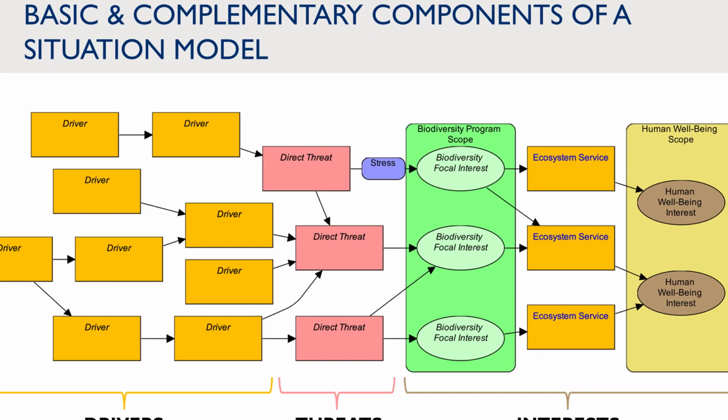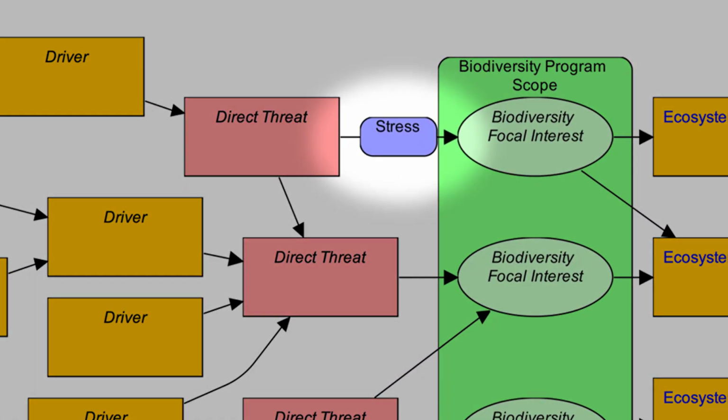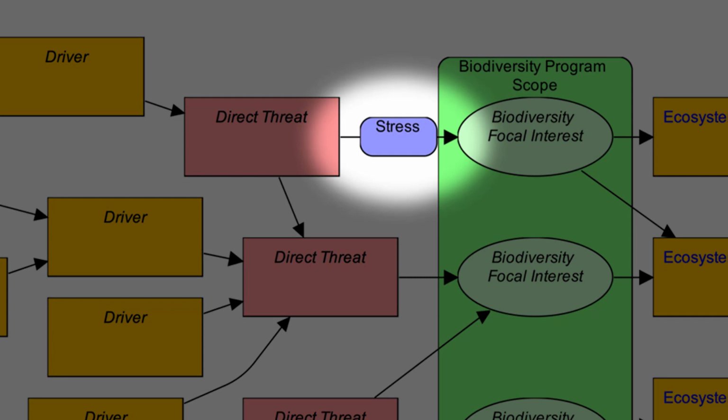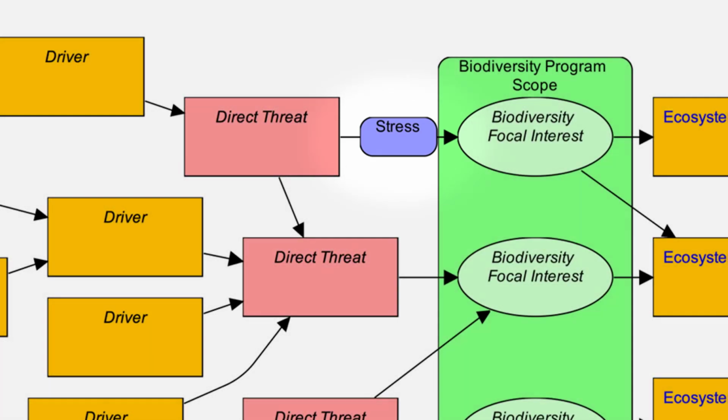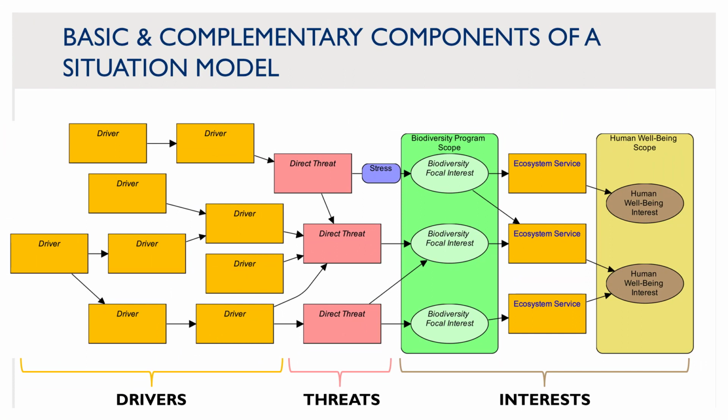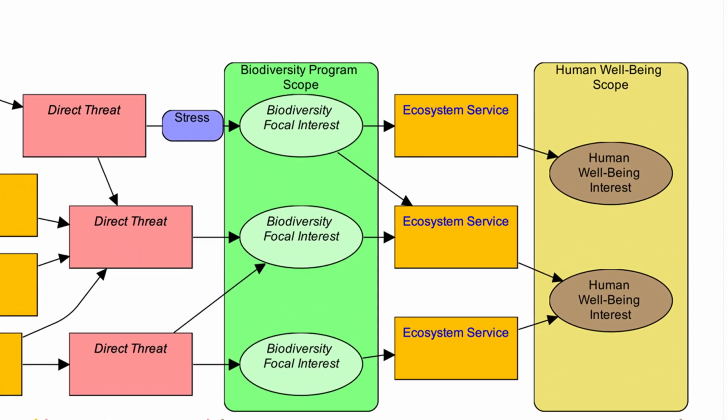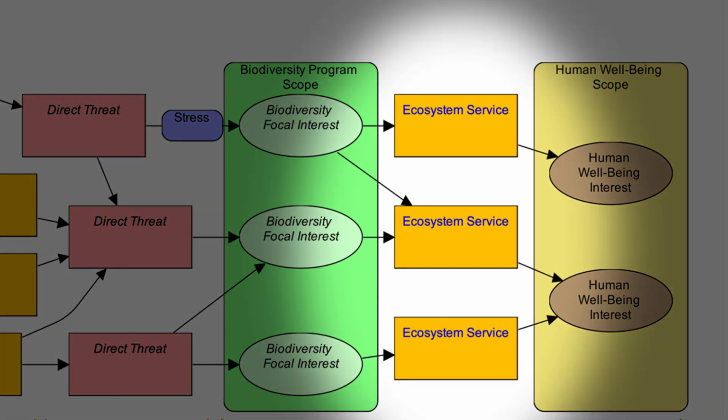For example, you may want to include stresses. A stress is an altered, key ecological attribute of a biodiversity focal interest. Including stresses in your model might help clarify how a direct threat affects a biodiversity focal interest. You may also want to identify ecosystem services. Functioning ecosystem species and habitats provide services that can benefit people.